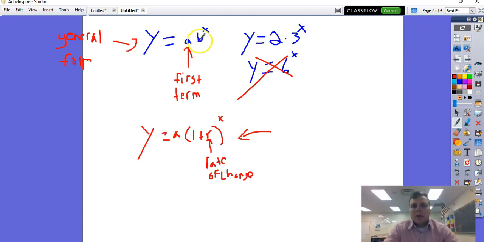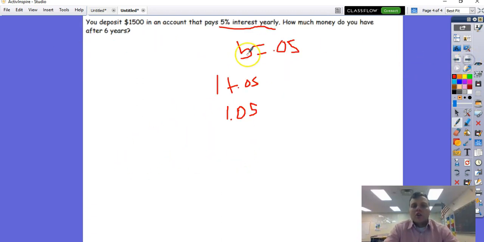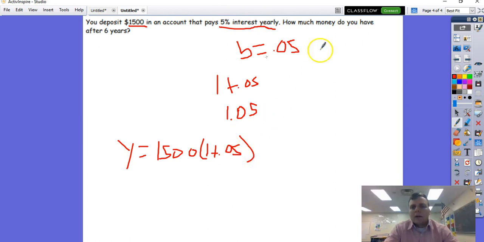B should really be 1.05, but students struggle with that, so we give you this formula so that instead of doing everything I just did, you could have just said, okay, so I need to say y is equal to A, that's my initial amount, which would be 1,500, times 1 plus R. Okay, what was my rate of change? What was I changing from year to year? 5%, so 0.05, raised to the, how many years am I trying to do this for? 6.